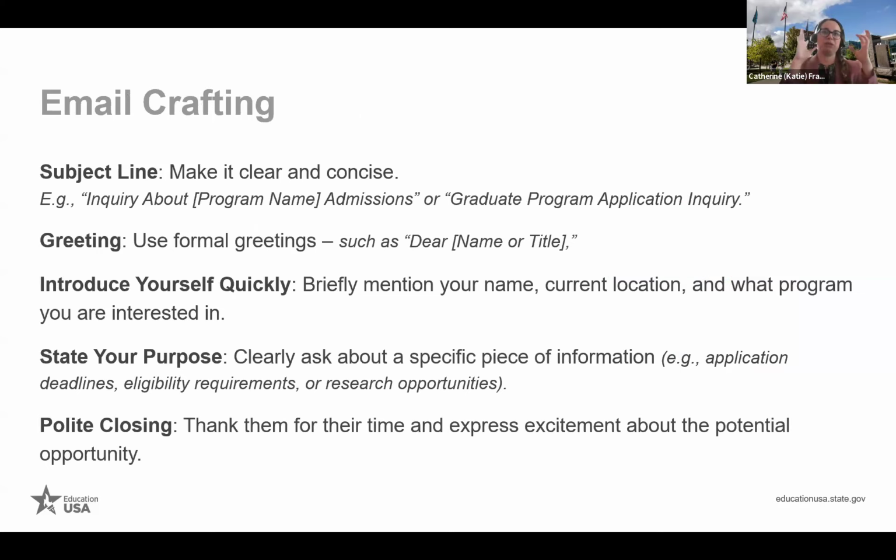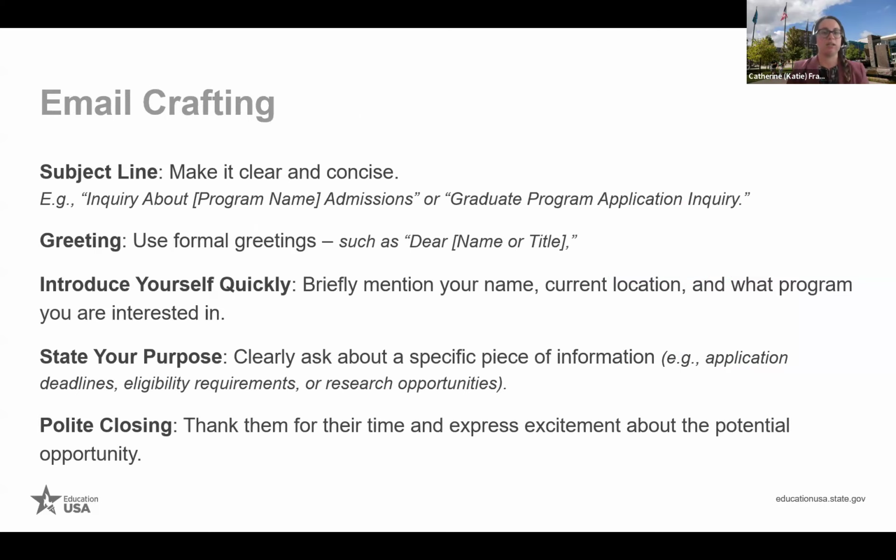So this is the email crafting. We'll look at an example next, but the crafting of it would just be a clear, concise subject line that's very, like, as soon as I see the subject line, I'll know what the question is going to be. So inquiry about computer science admissions, or if it's graduate school, graduate program application inquiry for computer science. The greeting could be and should be more formal.